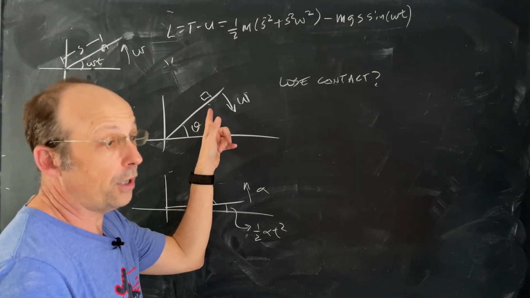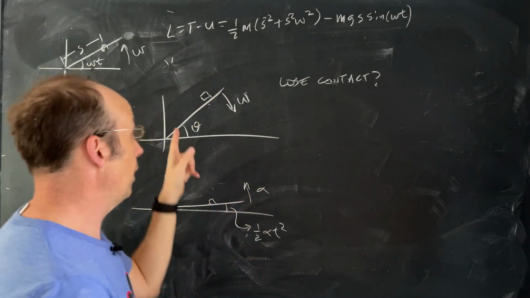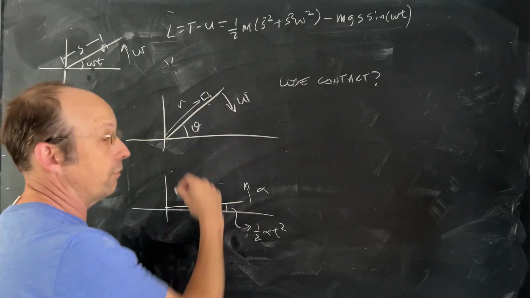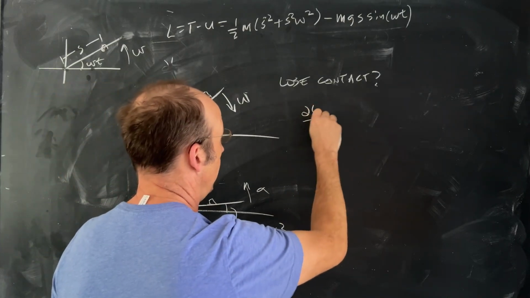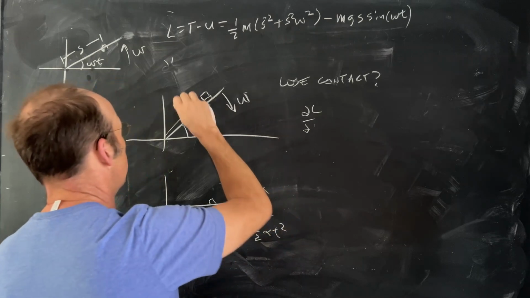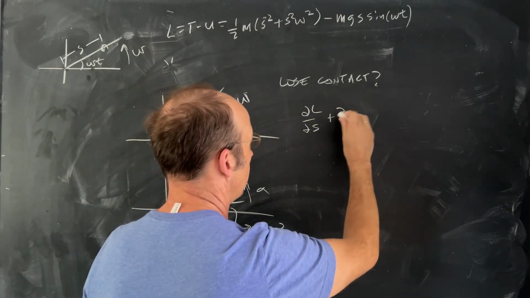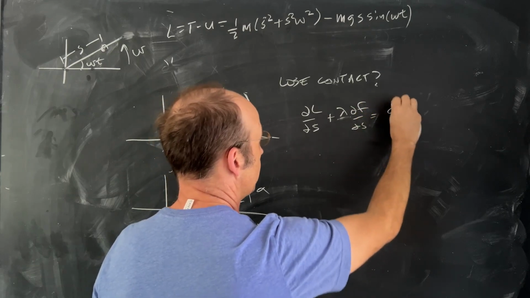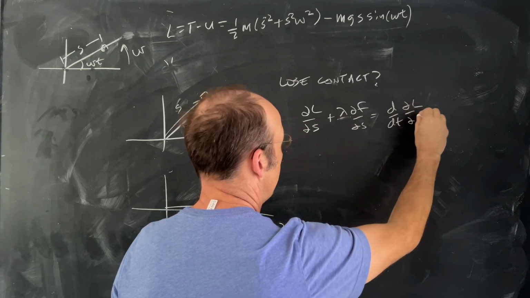Remember, up here, if you want to find the contact force, then I need to have 2 variables. I would need to have this as r and theta as a variable. And then I could use the following. The partial of L with respect to, well, I could still call that S, S plus lambda partial of F with respect to S equals the time derivative of the partial of L with respect to S dot.